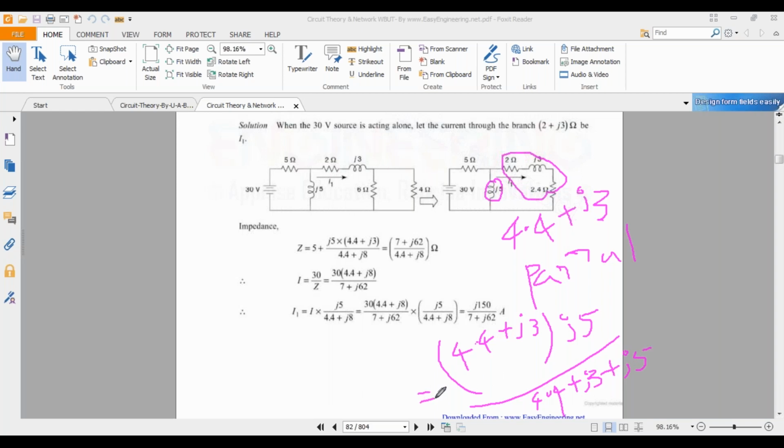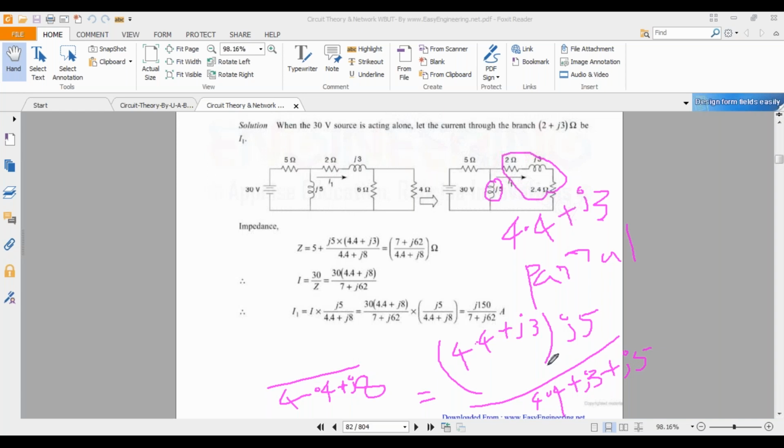I will write here, the denominator component is 4.4 plus J8. So J3 plus J5 is equal to J8. This addition is to be done in rectangular form.